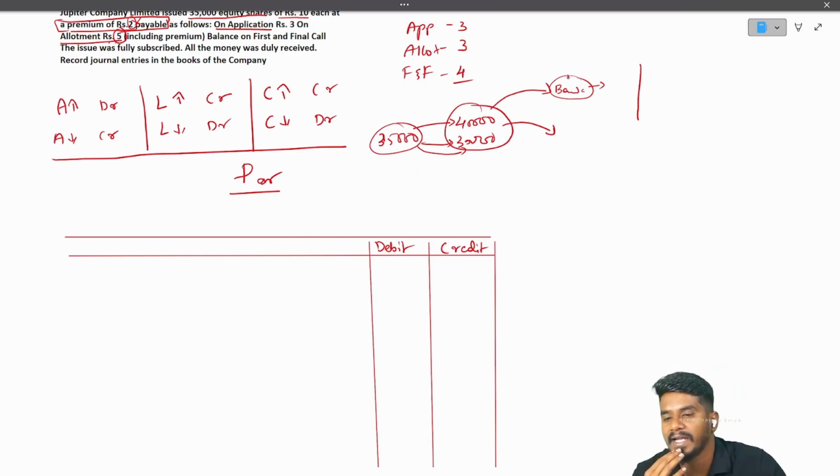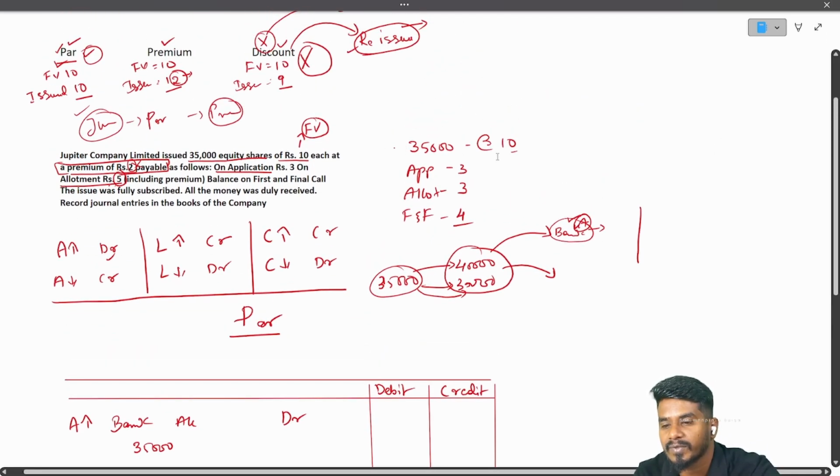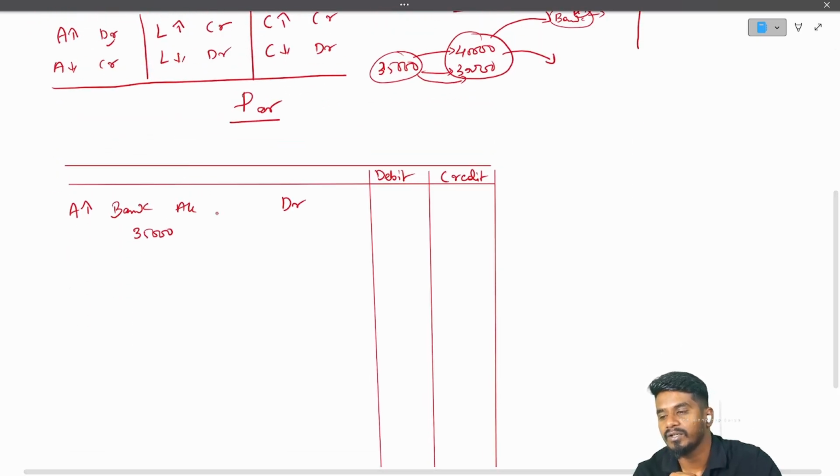So the bank entry will be the first entry, right? Bank is an asset for us. If an asset is increasing, we need to debit it. So the bank account is automatically getting debited. Did you understand why the bank account is getting debited? Yes. They have issued 35,000 shares.